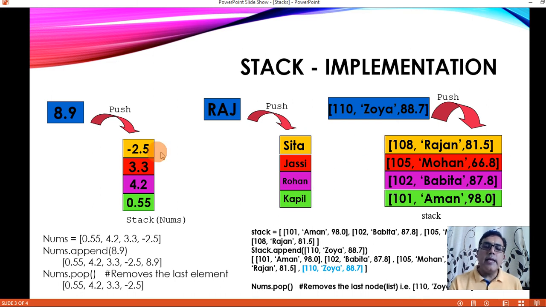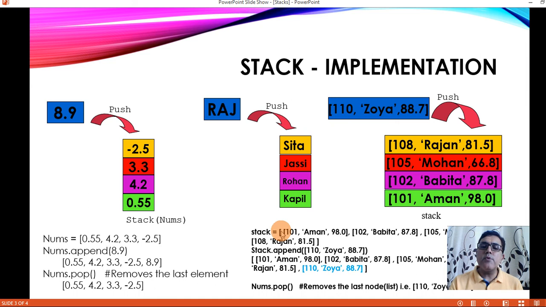Now here each node is a floating number, here each node is a string, here each node of the stack is again a list. So if you implement this, the stack is actually a list of lists, a nested list. The name of the stack is stack, so I'll write stack, and then this marks the beginning of the outermost list, and this is the end of the outermost list, which is the stack.